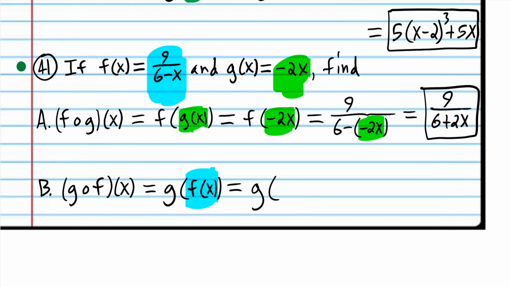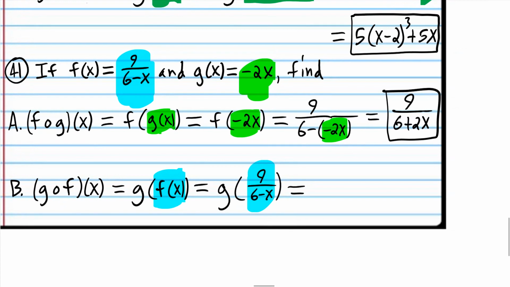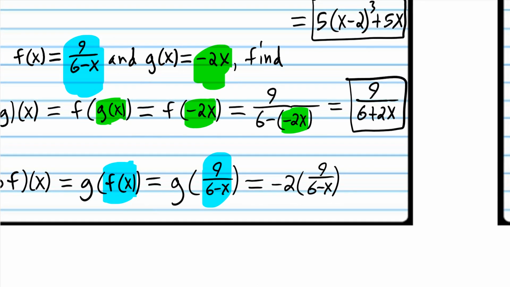So I'm going to plug in the blue expression, 9 over 6 minus x. And now we're going to go to the green expression, negative 2 times x. But instead of x, it's 9 over 6 minus x. And so then we get negative 18 over 6 minus x.